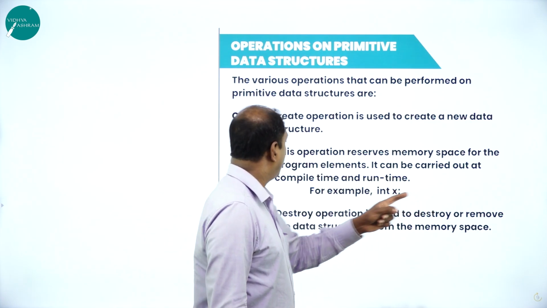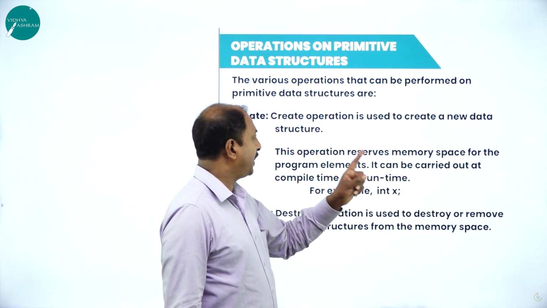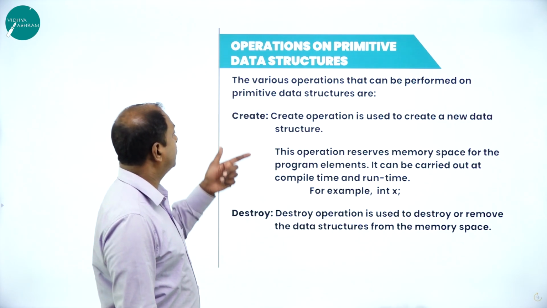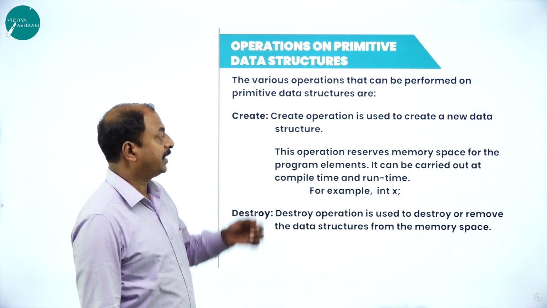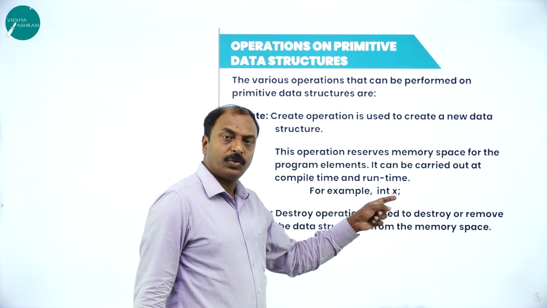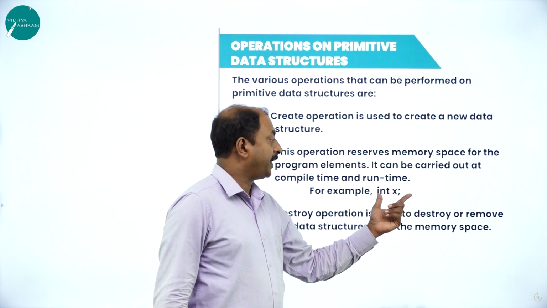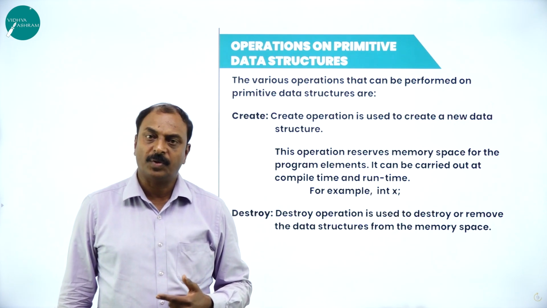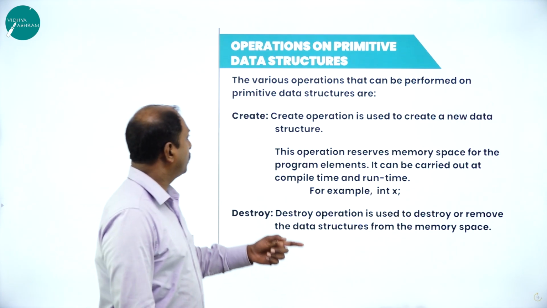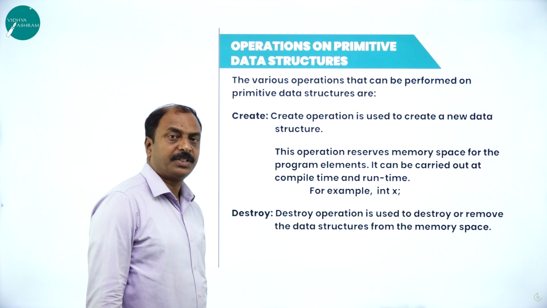It can be carried out at compile time and runtime. Create operation is nothing but creating a new data structure, which reserves an amount of space in computer memory for processing. So this is create, one operation.